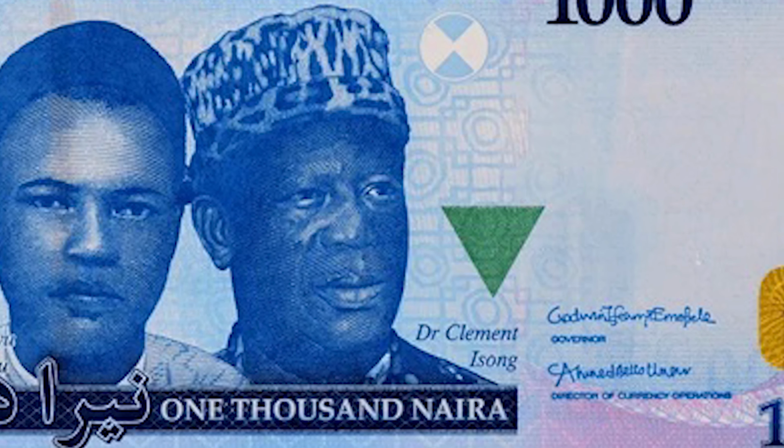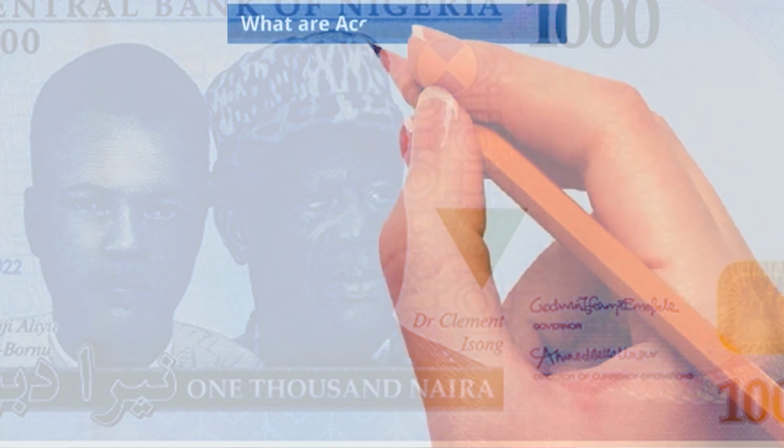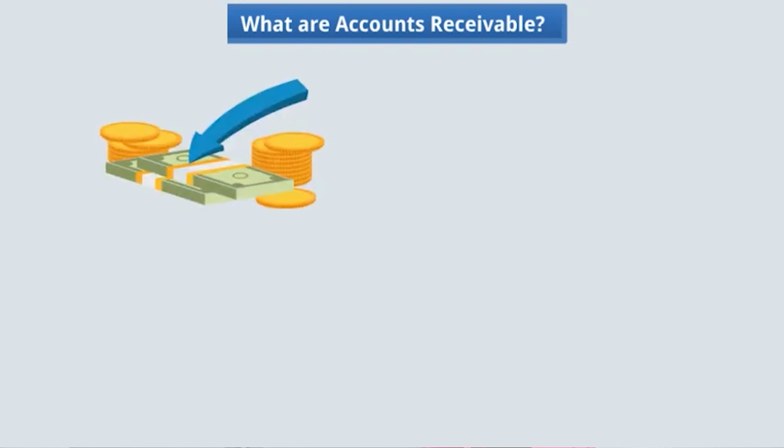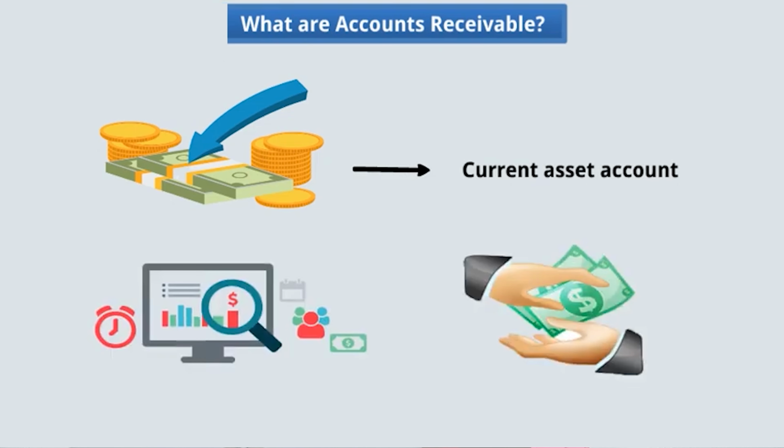So what is accounts receivable? For instance, assuming Juliana bought bread for 1,000 naira on the 1st of August and did not pay, and payment of 1,000 naira will be made on the 30th of August, the 1,000 naira is the accounts receivable because it is what is due to be collected from her.